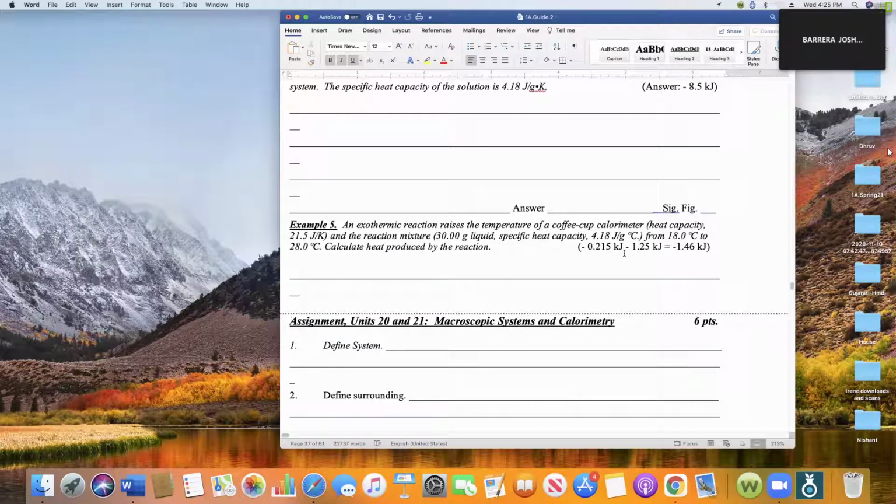So then you take 21.5 joules over Kelvin times 10 Kelvin equals 215, and that's joules, and then you're going to convert that to kilojoules, right?